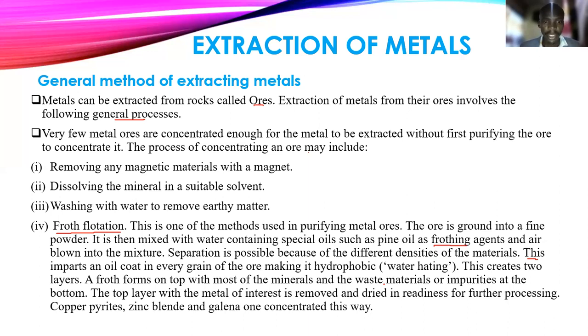The top layer with the metal of interest is removed and dried in readiness for further processing. This process can be used when we are extracting copper from copper pyrites, extracting zinc from zinc blende, and also when we are extracting lead from galena.